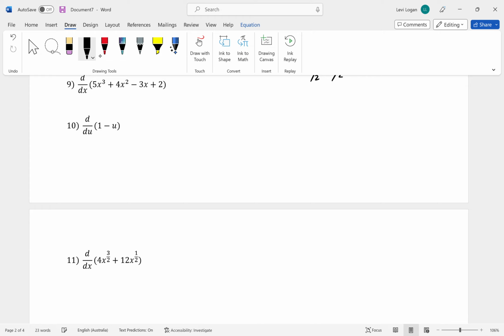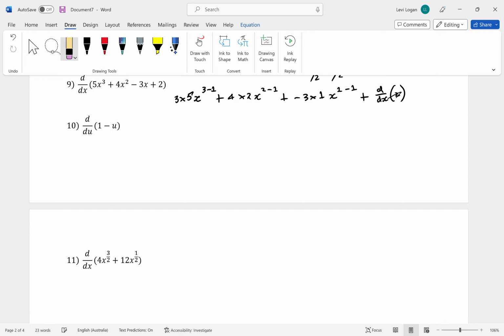So first line, if you want the differential of this, you're going to have 3 multiplied by 5, x to the power of 3 minus 1, plus 4 multiplied by 2, x to the 2 minus 1, plus negative 3 multiplied by 1, x to the power 1 minus 1, plus the differential of a constant is 0.